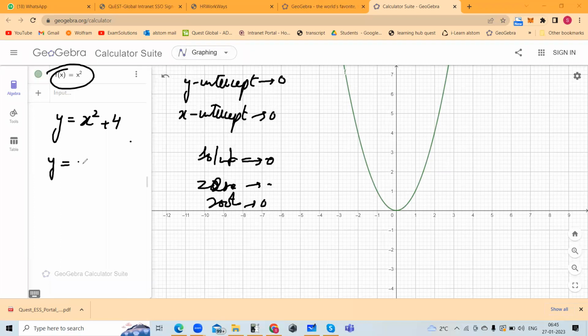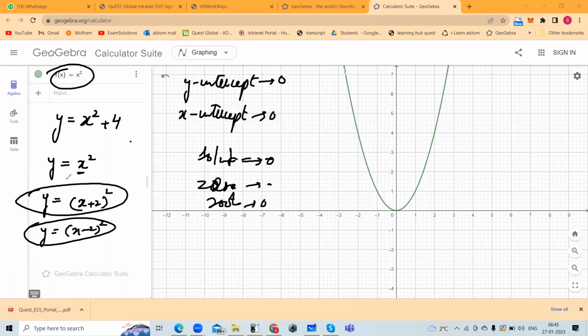If you're having y equals x squared as an equation, what you can do is add or subtract a number with x, like x plus 2 whole squared or x minus 2 whole squared. But here, this is not straightforward as it was here. Like when you're adding 4, you're going +4 up. You're subtracting 4, you're going -4 down. But when you're adding 2 to x, then you're going not to the right, but to the left.